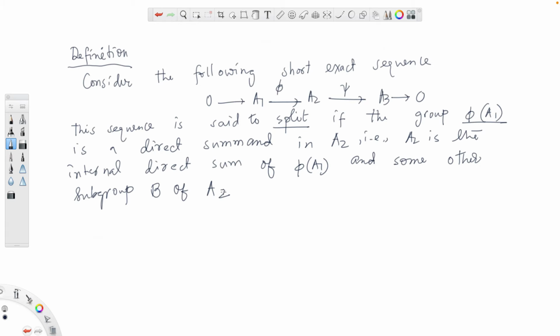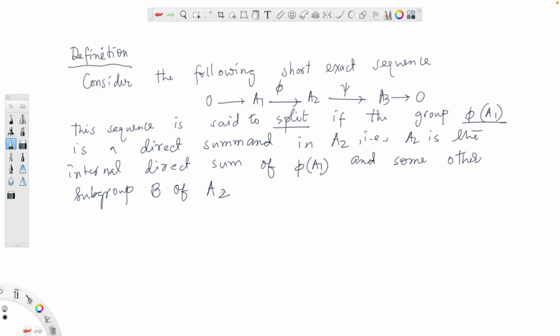There is an equivalent formulation with the external direct sum, for which we don't know the resulting structure a priori; we just need the concept of the two pieces. Of course, B is not unique.